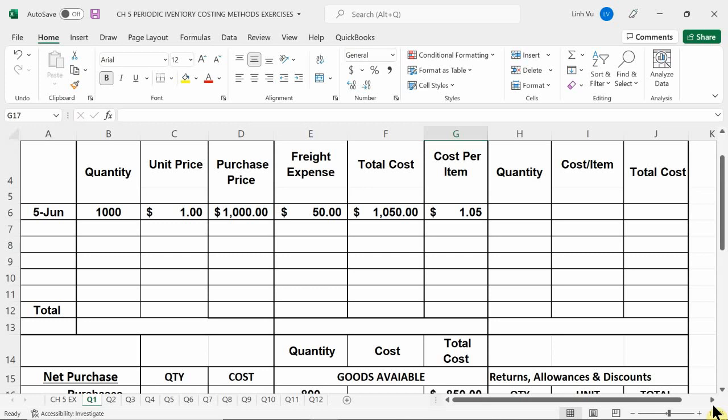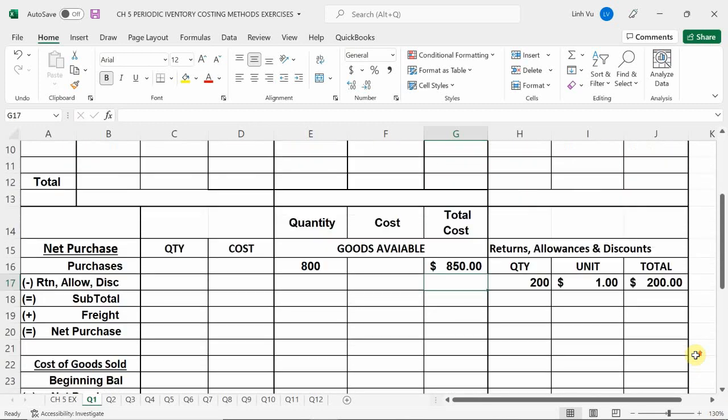I originally had 1,000 items, now I have 800, and 800 times $1 gives a new purchase price of $800. So 1,000 minus 200 gives you 800, plus the $50 of freight gives you $850. The easiest way to do it is to just take the total cost minus the refund, and you should get $850.